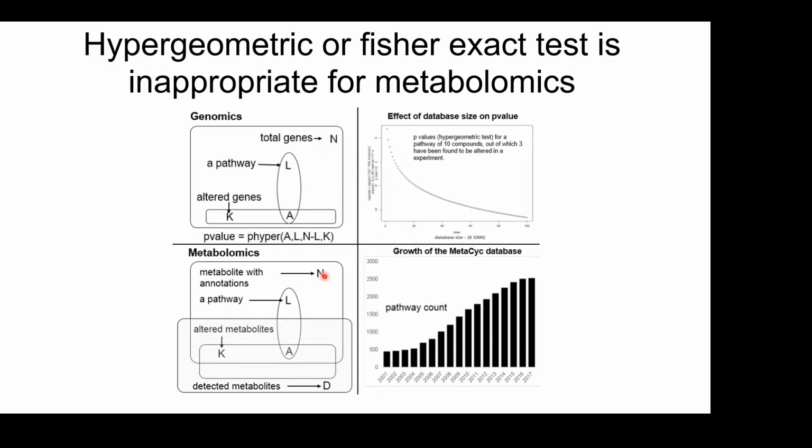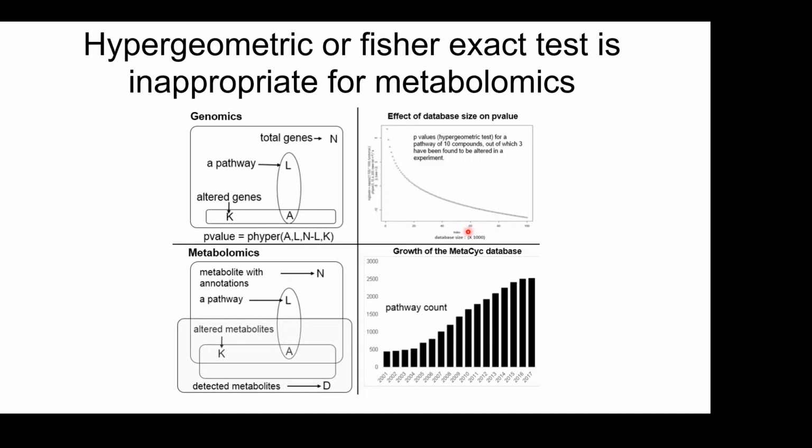In metabolomics we have no idea what n is, like how many metabolites we can have in blood or in a normal E. coli cell or any other tissue type. This n is not known. If n is not defined, we cannot use the hypergeometric test, because just by playing with the size of the database, as we see in this plot, going from 20,000 to 100,000 compounds, you can reduce your p-value.